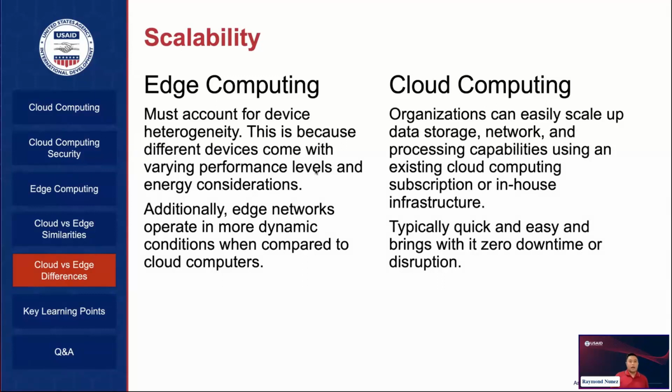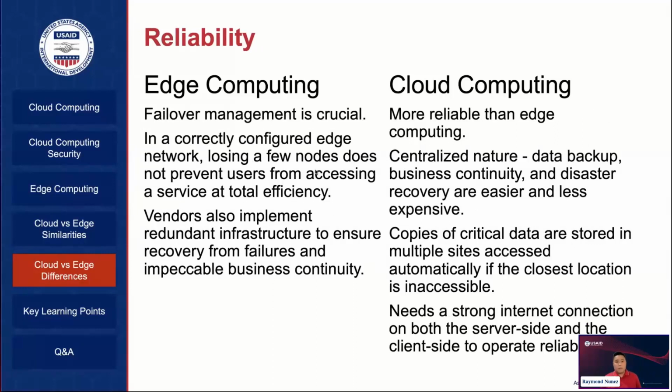So again, edge computing scalability, if you have it, you could do it. And scalability with cloud computing is going to be more horizontal. You instantiate many instances to have the capacity and computing power to process all the data you need. For reliability, with edge computing, failover management is crucial.